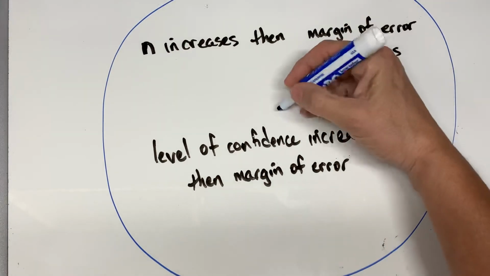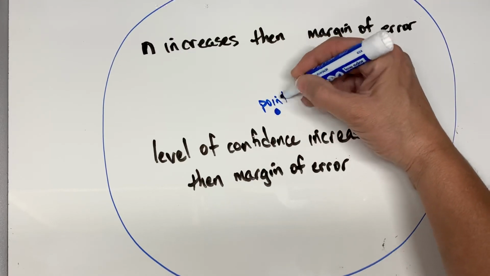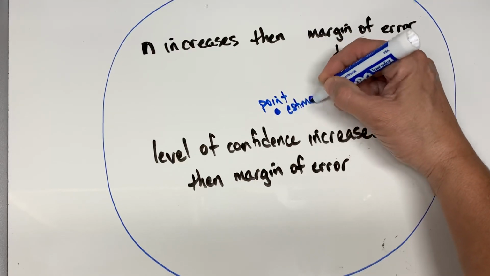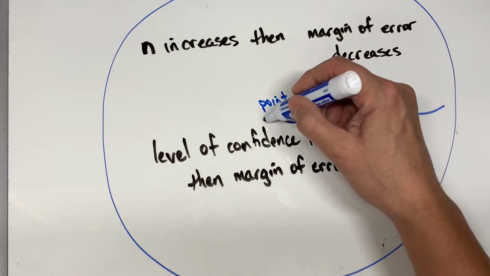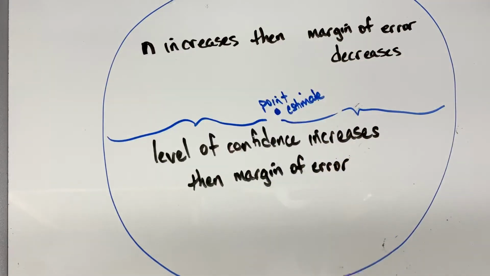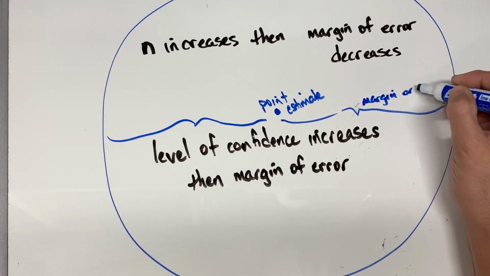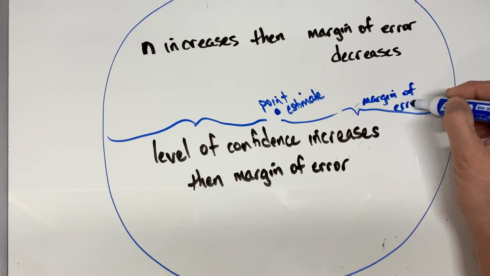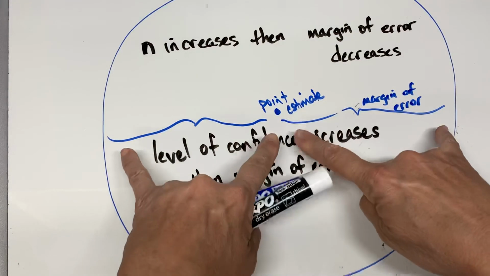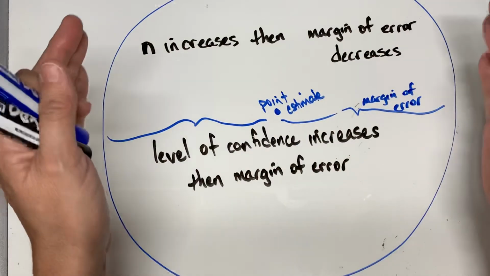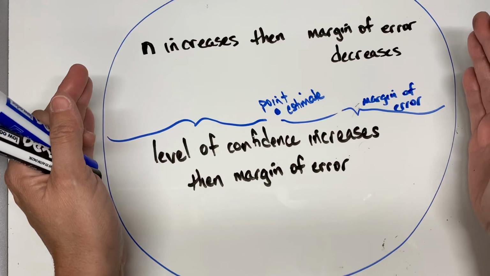Think of my point estimate as my middle. So if this is my point estimate, my margin of error would be how far I am to either side. Okay, so this is my margin of error. If my margin of error is huge, I've got all this room in my target, then my confidence is big.